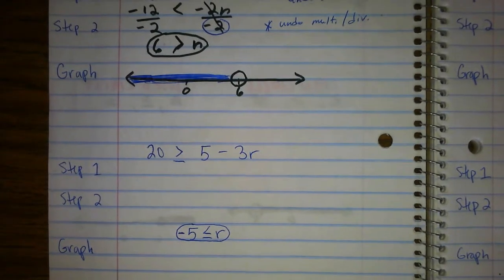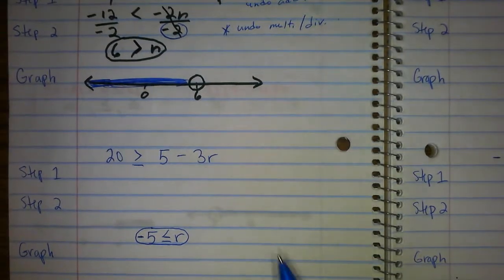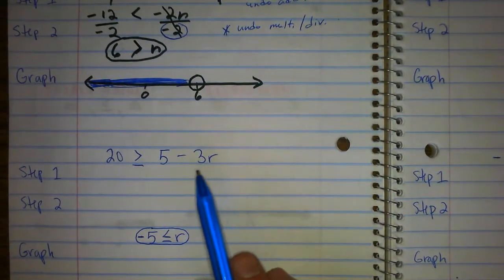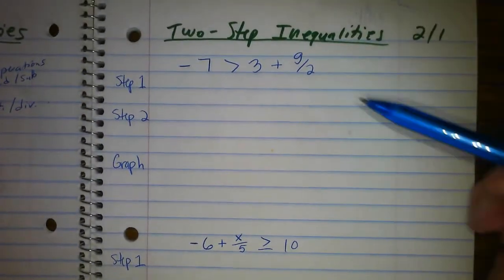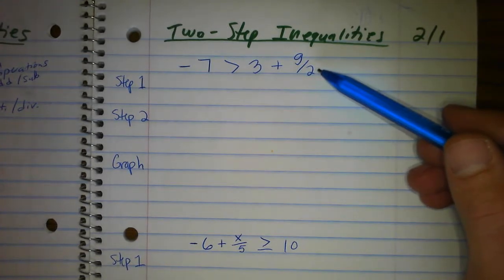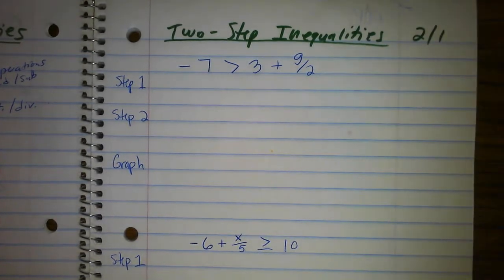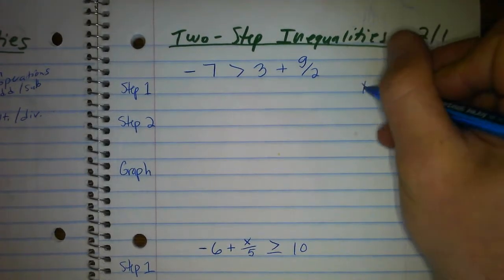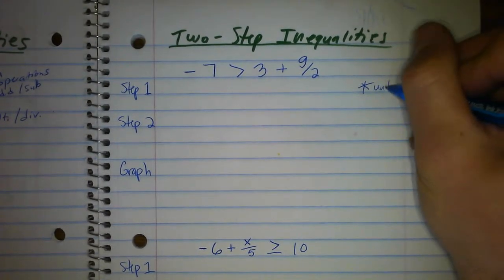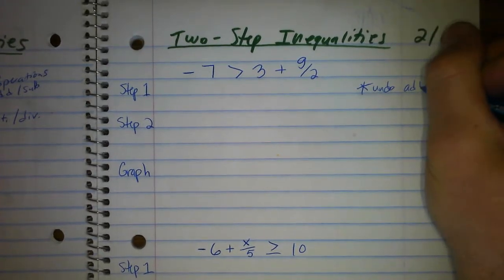Alright, so those are two-step inequalities with multiplication. Now let's look at some two-step inequalities with division. These ones look like there's a fraction. So step 1 is again undo addition and subtraction.